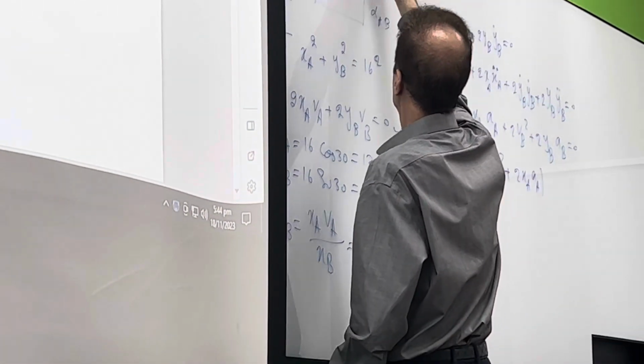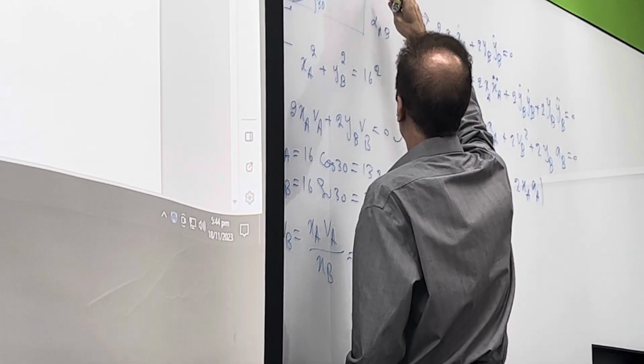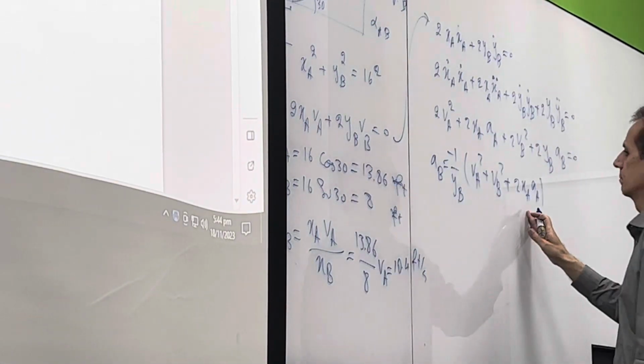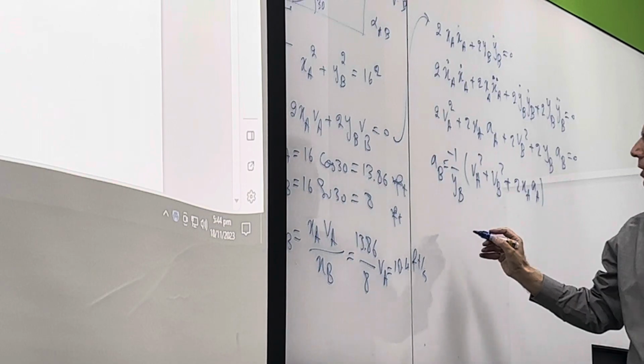Y was from here to here, velocity is downward, acceleration downward, so we get negative. Substitute the numbers.